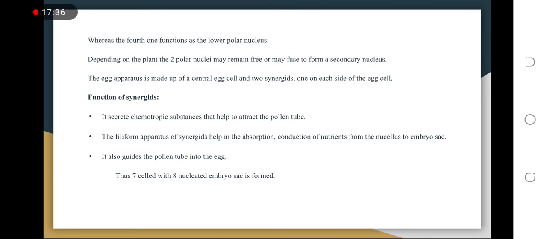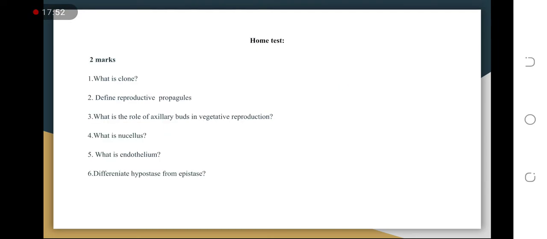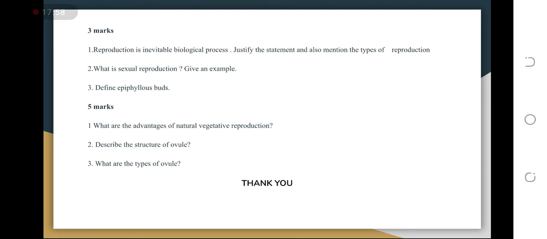Thus, a seven-celled, 8 nucleate embryo sac is formed. Up to this, the male gametophyte and female gametophyte are complete.